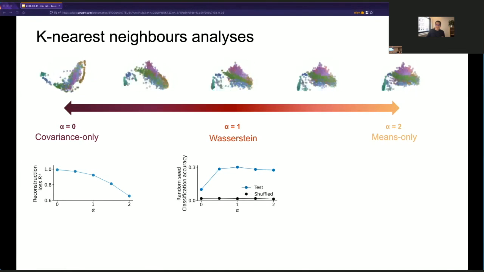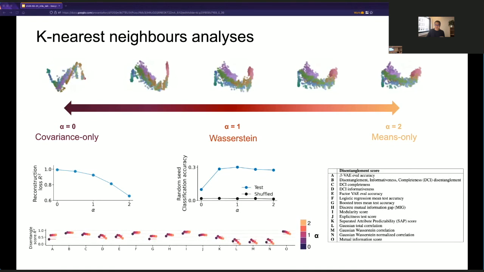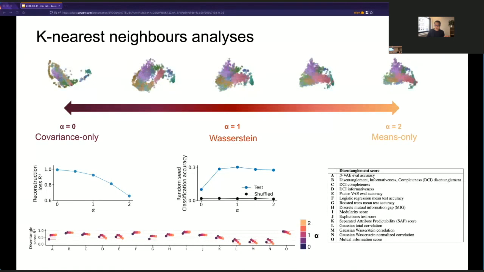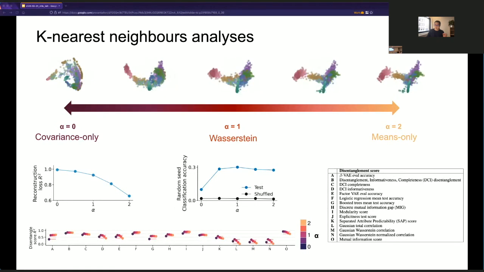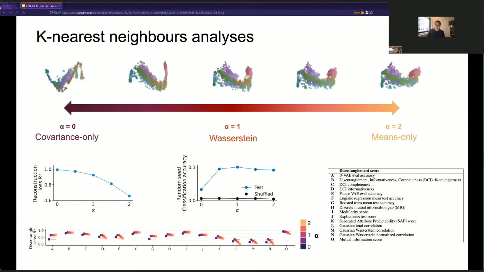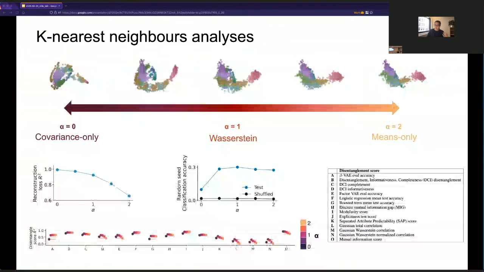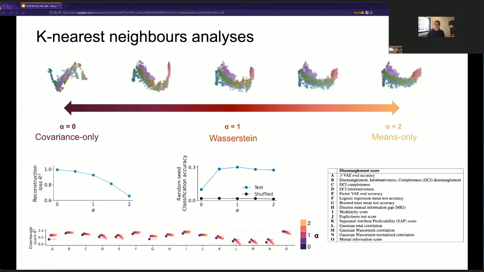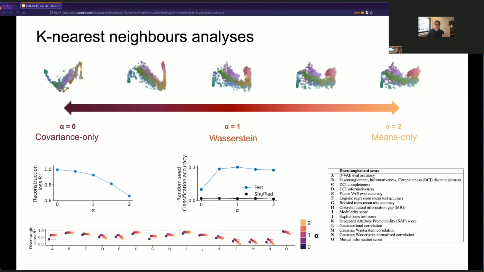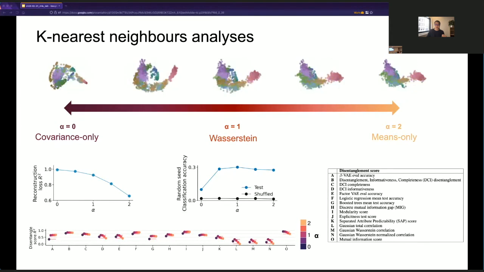If you're familiar with VAE literature, you'll know, maybe you've heard of disentanglement and how big of a mess it is. Basically there are like 30 different metrics or indices that people have proposed to measure what's known as disentanglement of the latent space of a VAE. And I won't go through all of them here.